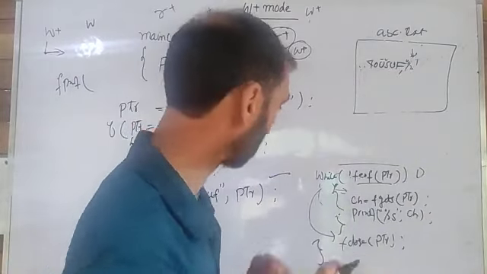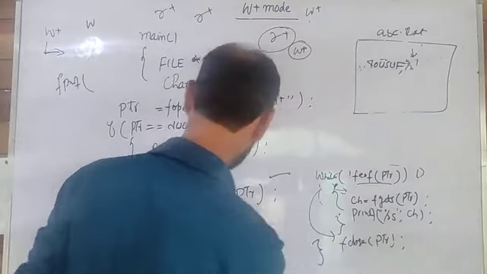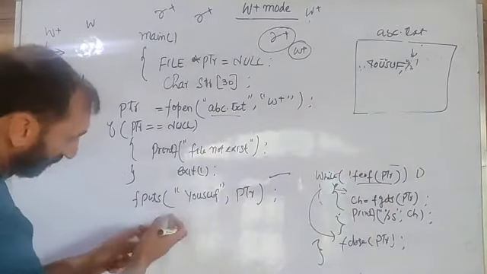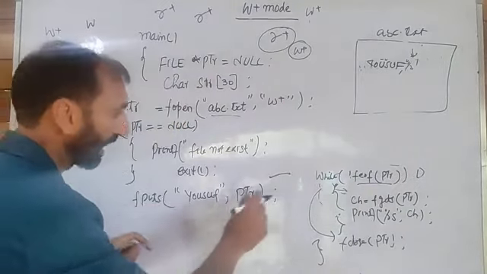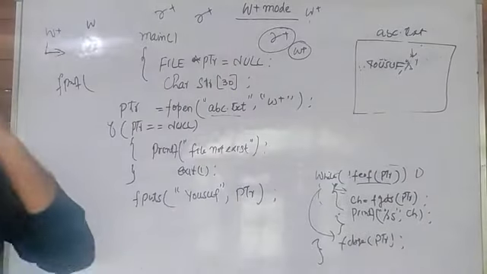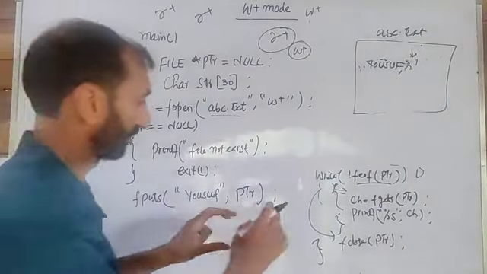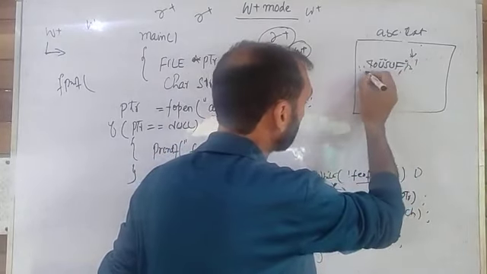Take care. In order to read the contents of this file, after we write the content to this file, we have to use a function which is used to set the cursor here at the beginning.